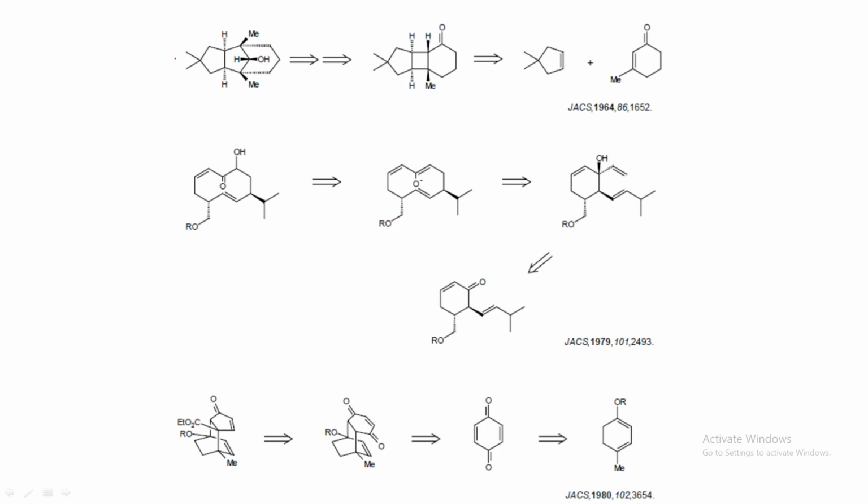One thing is that it contains a sigma plane along this gem-dimethyl, so along this plane you can think of the sigma plane. So we always try to make this sigma plane available, and if not, sometimes we need to do the desymmetrization.